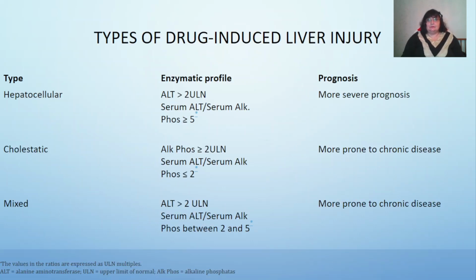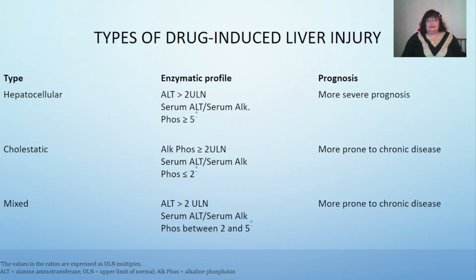Types of drug-induced liver injury. Type hepatocellular: enzymatic profile ALT more than 2 times the upper limit of normal, ratio of serum ALT to serum ALP of 5 or more. It has a more severe prognosis.